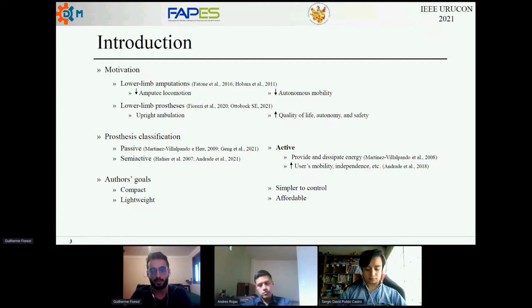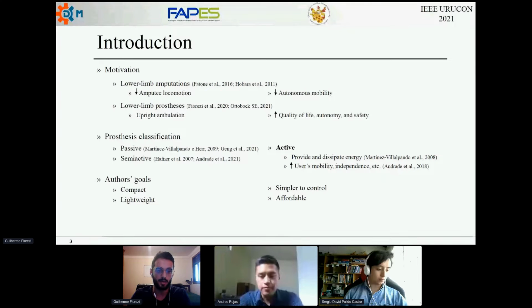If you lose a part of your lower limb, you're going to have difficulty doing these movements autonomously. Because of that, lower limb prostheses are being used to help upright ambulation and thus improve quality of life, autonomy, and safety.